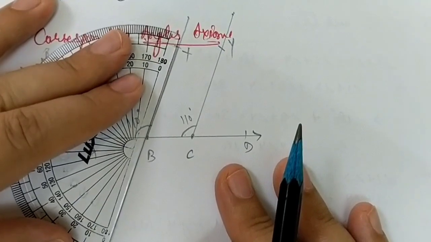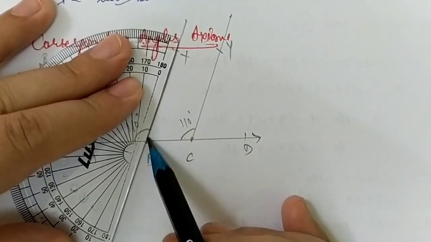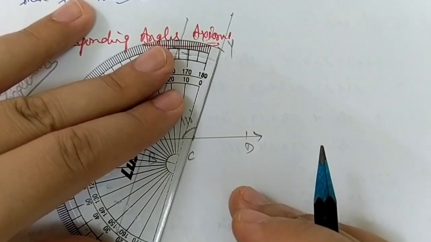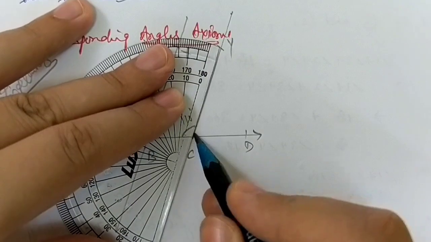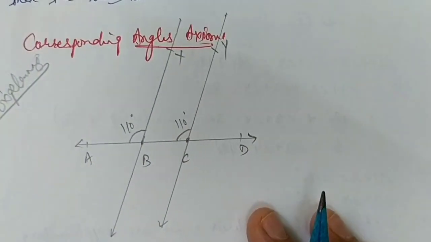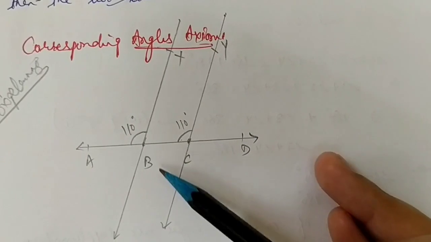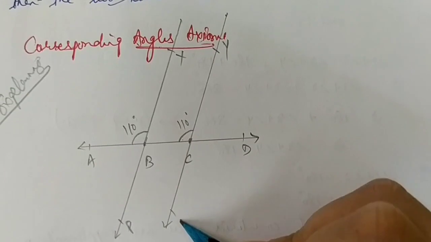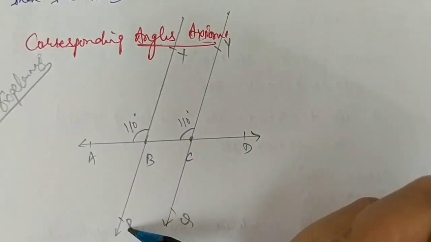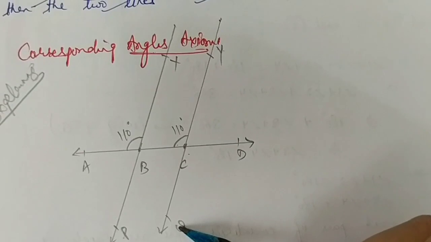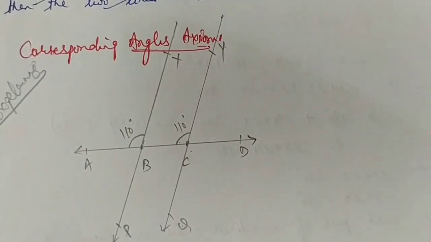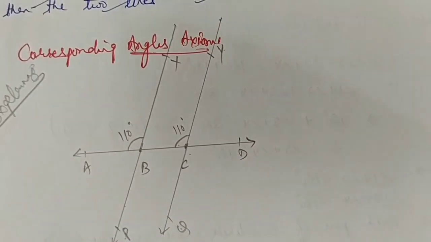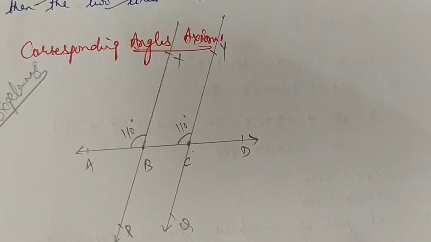So if you will extend this XB line like this, and also this line YC, okay, what you will see that these lines that are extended, like it can be named as P and Q. Okay, so the line XB is extended to P and the line YC is extended to Q. Then you will see that these two lines will never meet with each other when you extend these. It means they will be parallel. Okay, these lines are parallel.